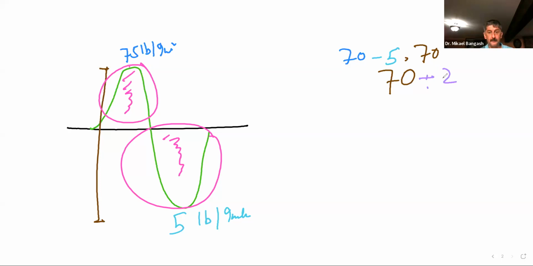So the value of either this one here or this one here is going to be 32 pounds per inch square.